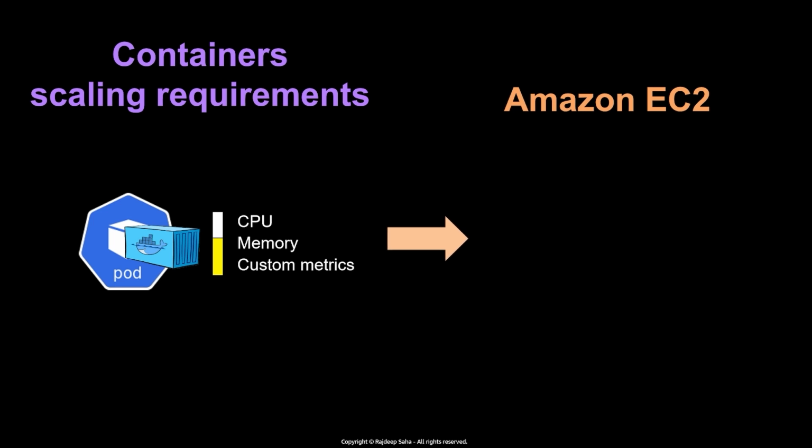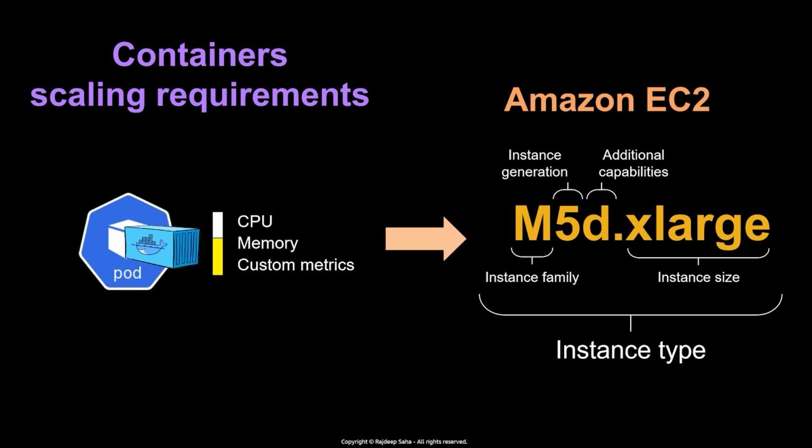If we look at the EC2 naming convention, the first letter signifies the instance family, and this instance family represents the CPU to memory ratio. Then we have the instance generation, then additional capabilities, and then the instance size. The instance size represents the amount of CPU you get, and since CPU and memory follow a proportional ratio based on the instance family, the larger the instance, the more CPU and more memory you get.